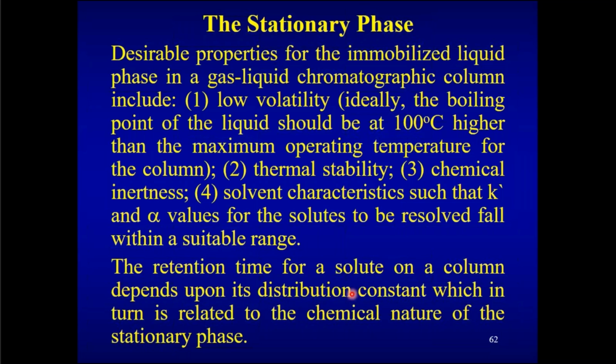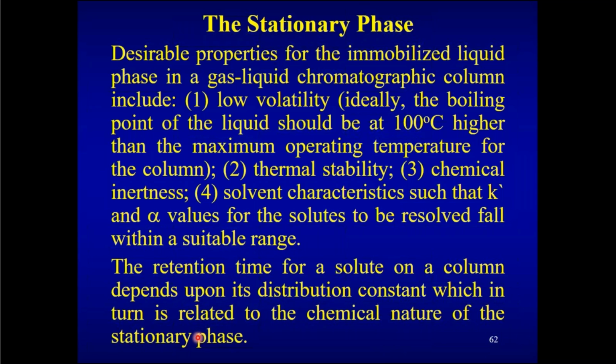The retention time for a solute on a column depends upon its distribution constant, which in turn is related to the chemical nature of the stationary phase. Here is one example to clarify. Suppose the stationary phase is polar and you have a polar solute. It will be retained very strongly in the stationary phase because it is polar, and therefore its retention time will be much longer because it will not easily move into the mobile phase.